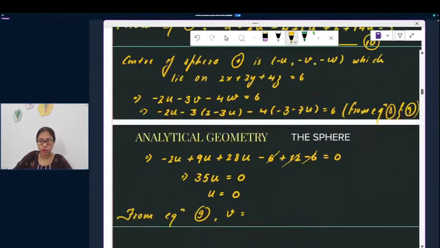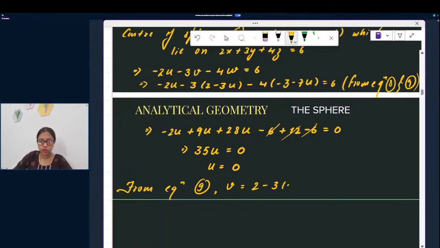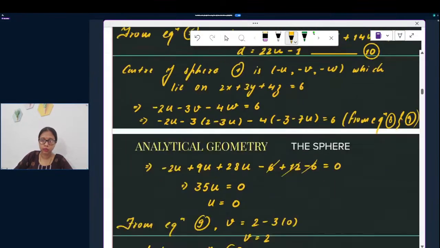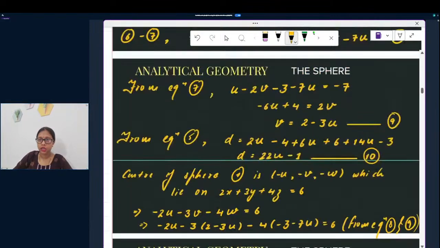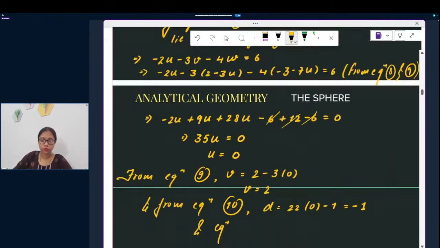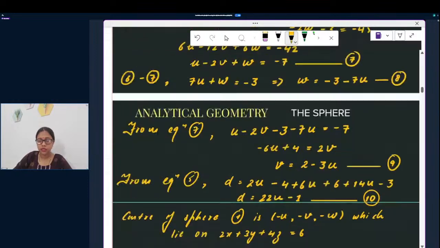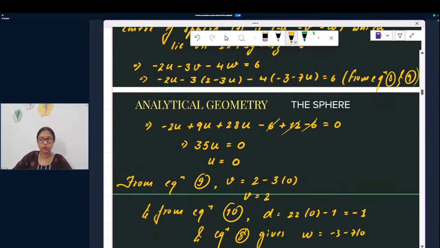V is 2 minus 3 times u. So v is equal to 2. And from equation 10, what is 10? 10 is giving me d. D is 2 times 0 minus 1, so it is minus 1. And where's w? Equation 8 gives w equal to minus 3 minus 7 times u, so it is minus 3.